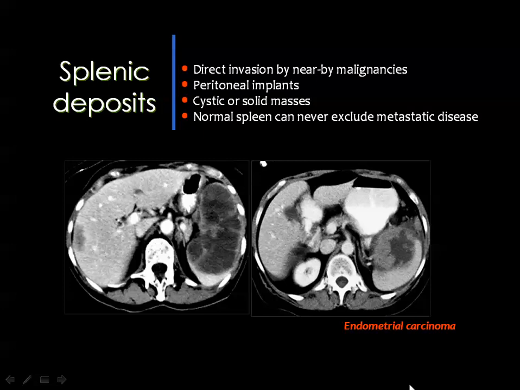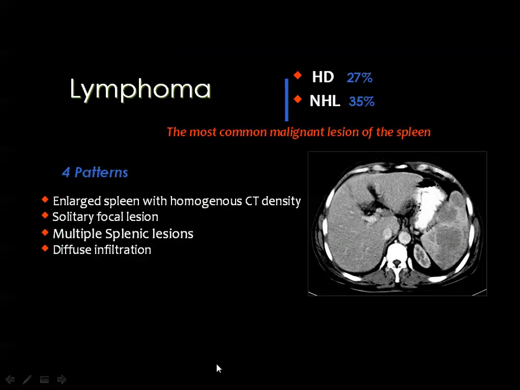Then direct invasion of the spleen by nearby malignancies like those of the stomach and the pancreas may occur, and also implants over the surface of the spleen from peritoneal metastasis can occur, besides hematogenous spread. This is an endometrial carcinoma metastasizing to the spleen and to the liver as well.